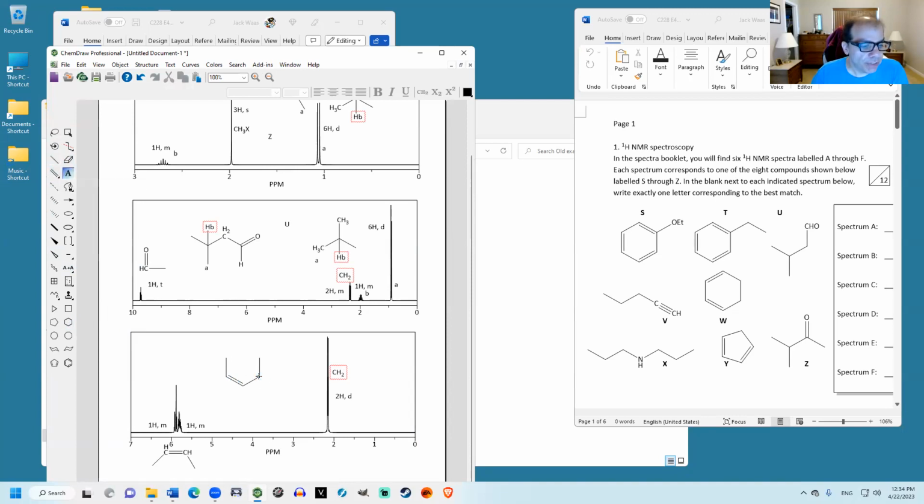So if we suppose, as is reasonable, that the CH2 is attached to one of those vinylic carbons, then we have a situation like this.